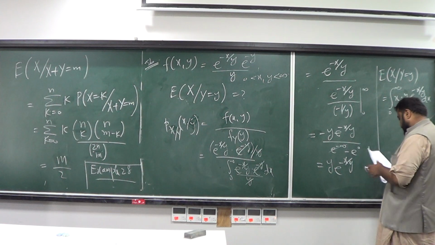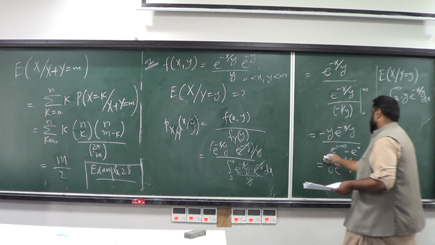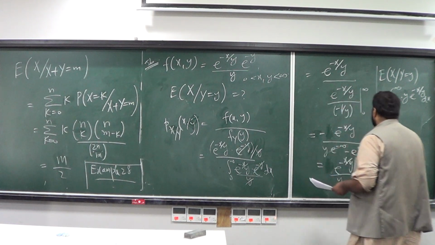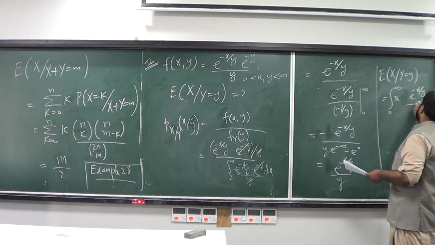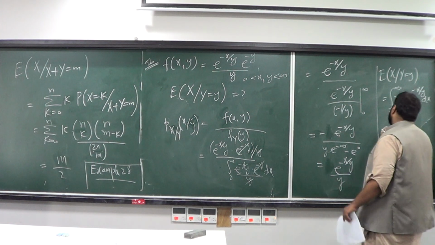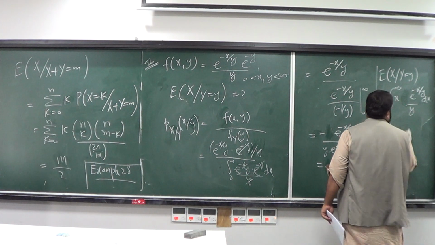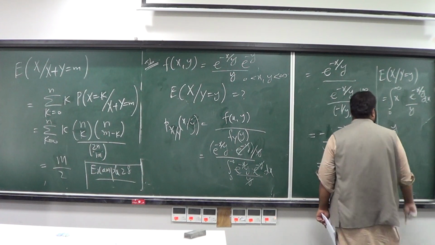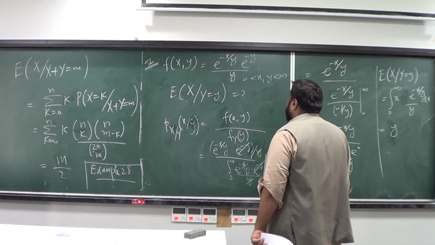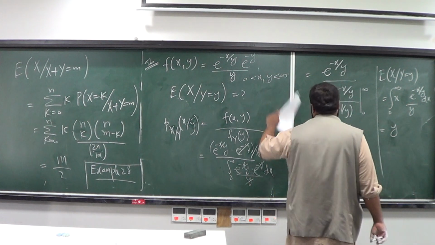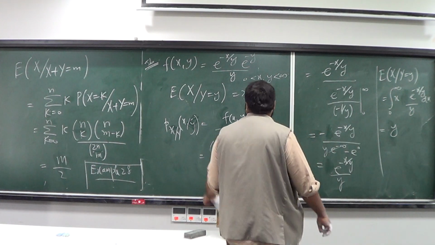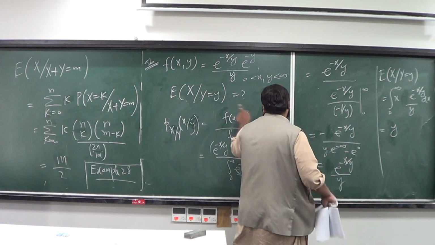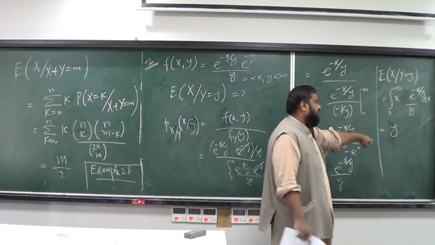You have to be careful: this y is going to be in the denominator. If I pull out this y and compute the integral, it turns out the result is equal to y. So the average value of x given y is going to be the value that y takes, in other words y.